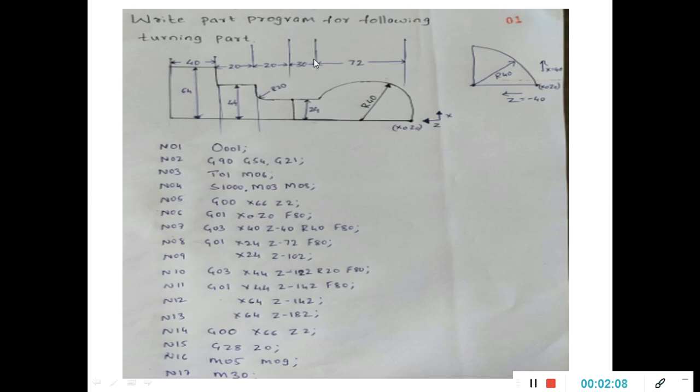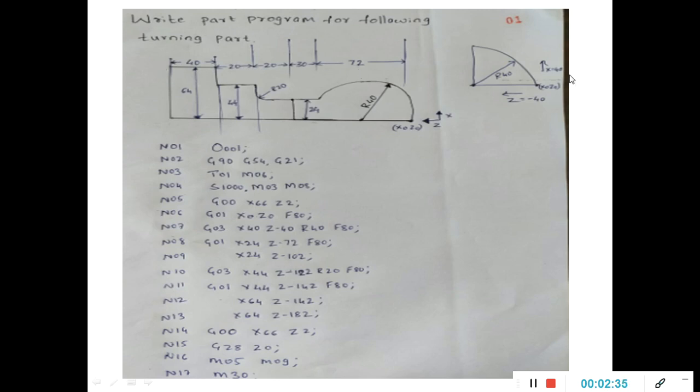Then up to here it is 72, and here it is 0. You are moving towards this, so it is a negative value: Z minus 72, Z minus 102, Z minus 122, Z minus 142, Z minus 182. For this particular point, the total length is 182.